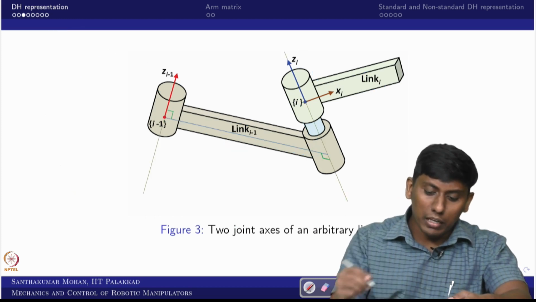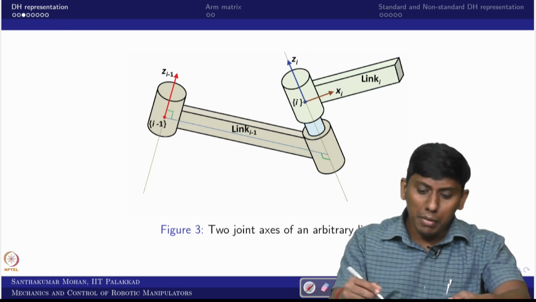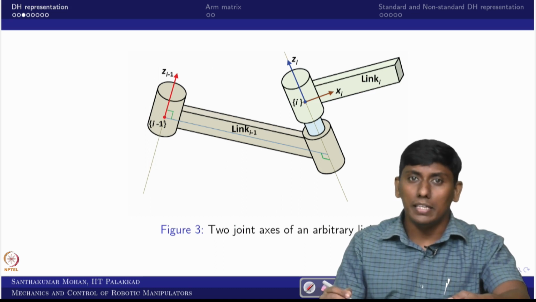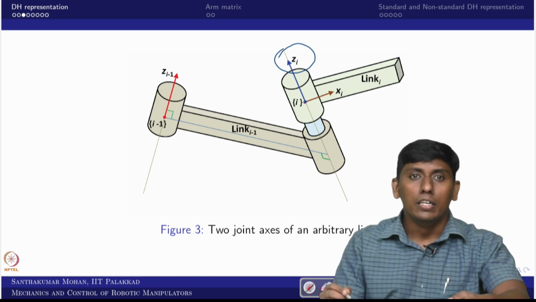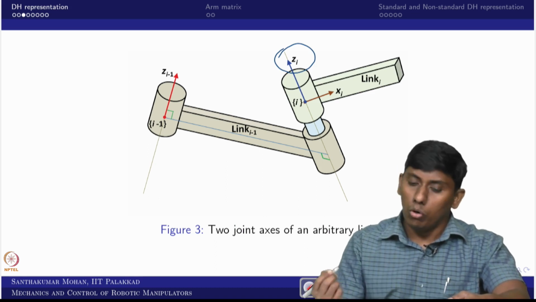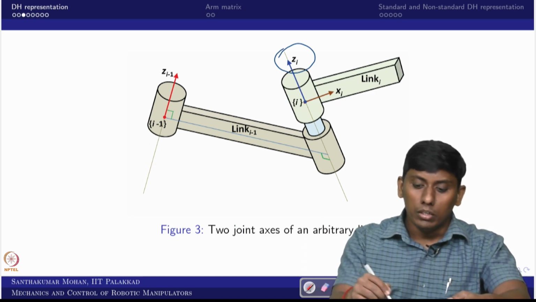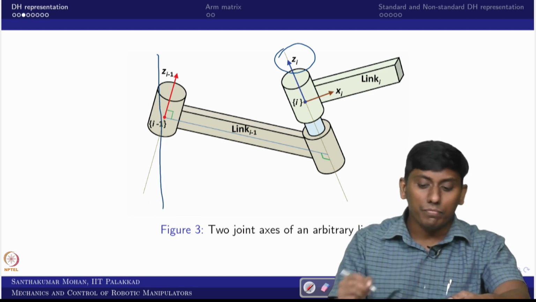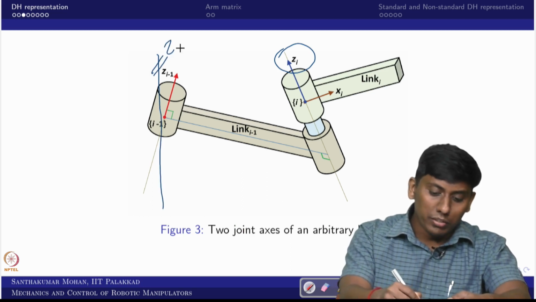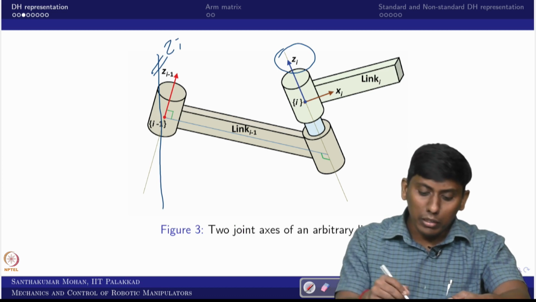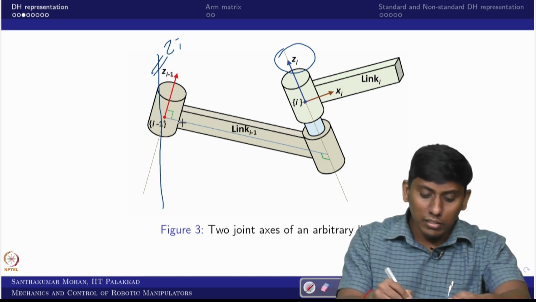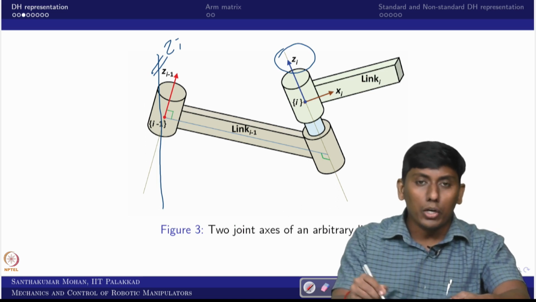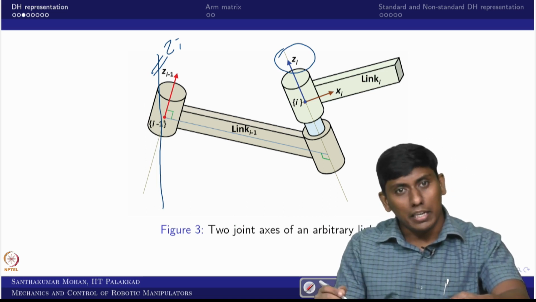For that, what we are trying to do first is make Zi minus 1 and Zi parallel, because we want the information of I with respect to I minus 1. So you can draw a line parallel to what you call Zi, and then you can draw the common normal between these two lines, and this common normal would be the line of Xi minus 1.